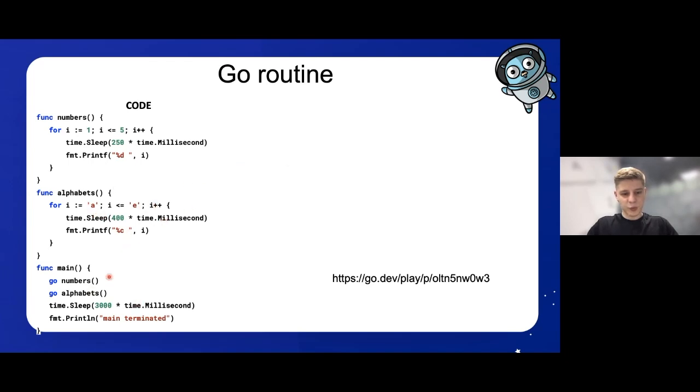We're running these functions in parallel, so you will see in the output that first we print the ones, and we print an A, and so on. So they work in parallel. We will not see something like 1 to 5, then A to E. We will see a mix of the output of these functions.